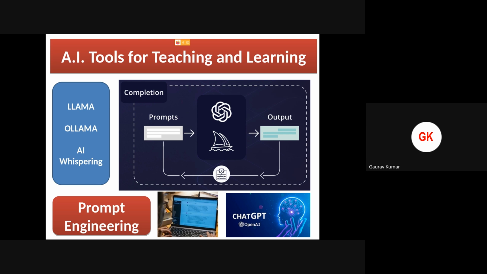So nowadays we have lots of tools, lots of platforms under the artificial intelligence based segment, and these are for multiple applications, not only for teaching and learning. Even the corporate world is also using AI based tools, AI chatbots.